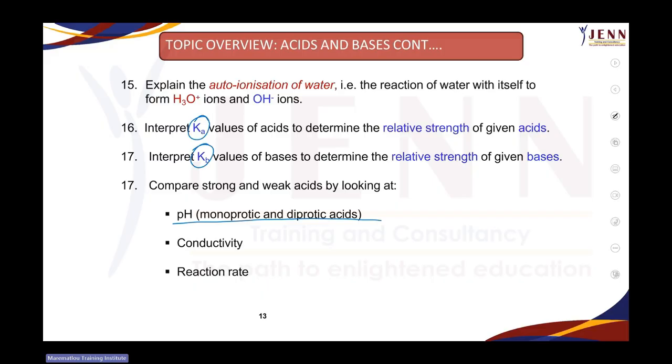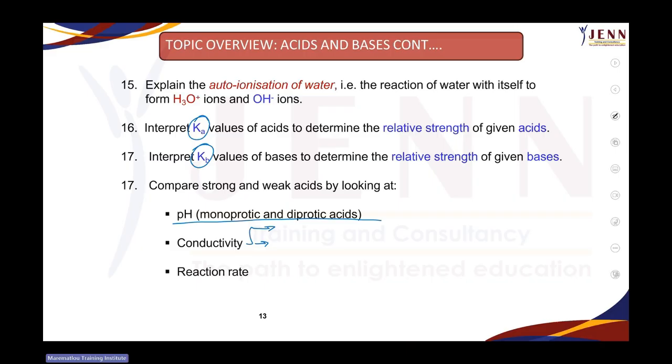In the definition of a strong acid and a strong base, it says it produces a high concentration of hydronium ions and hydroxide ions. So that means strong acids and strong bases are good conductors of electricity, whereas weak acids and weak bases will be weak conductors of electricity.